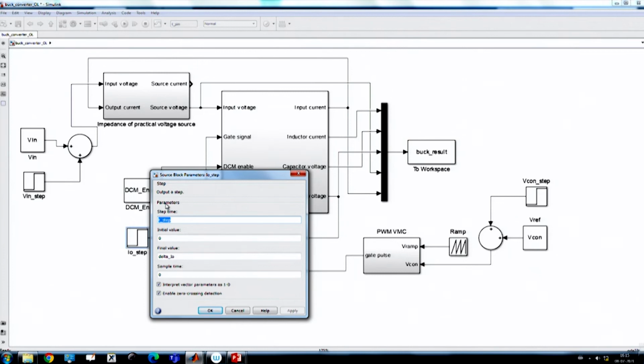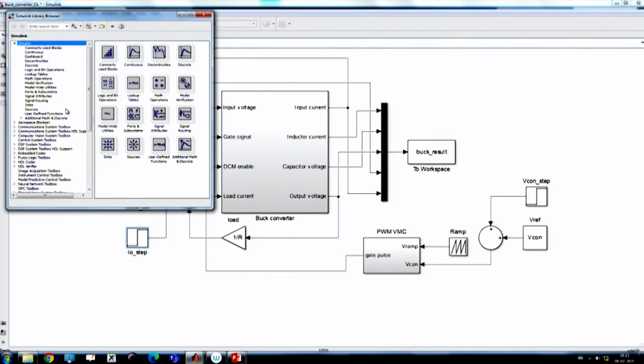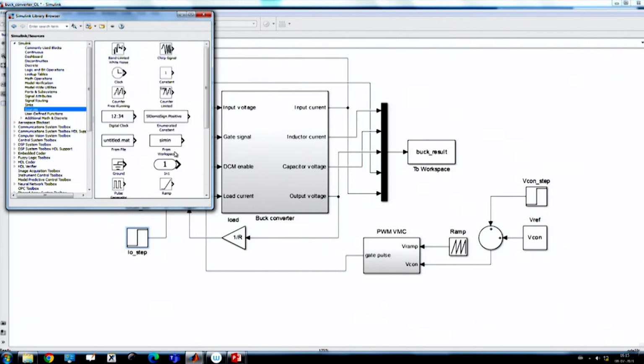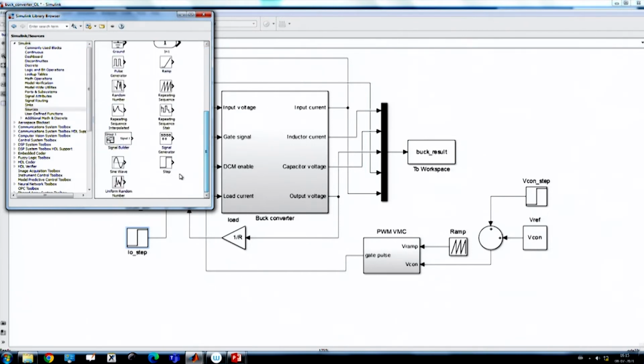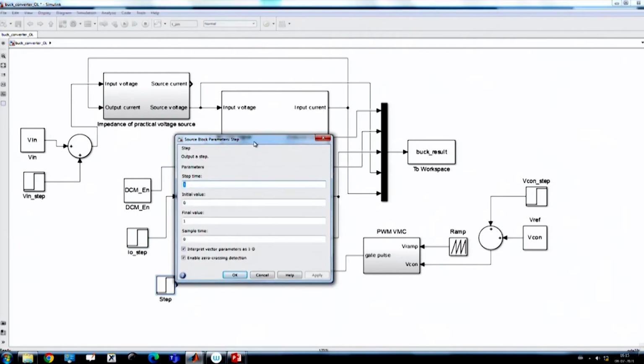If you go to the MATLAB Simulink library, in the sources you will find these step blocks. If you go inside the step block, it will first ask for the step time, that means at what time you want to apply the step transient. You may not want to apply the transient at the very beginning, so you want to apply it after a certain time. This is called the step time.